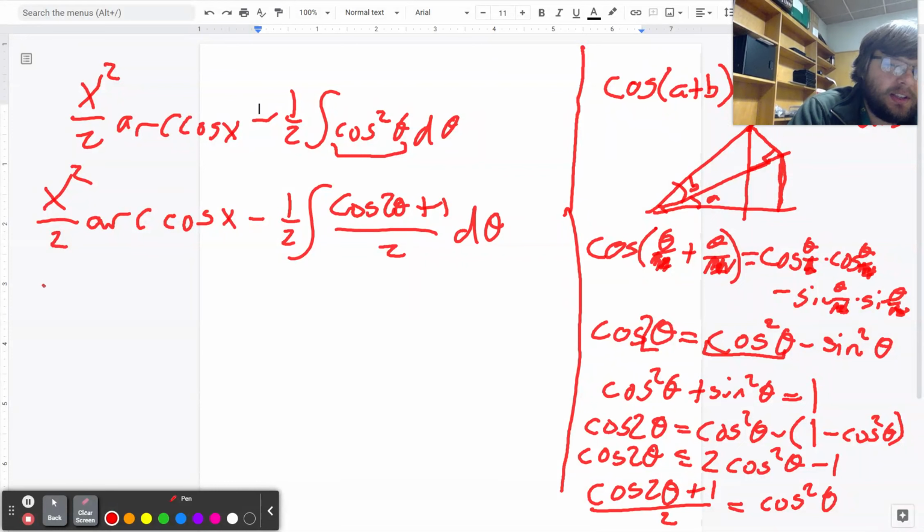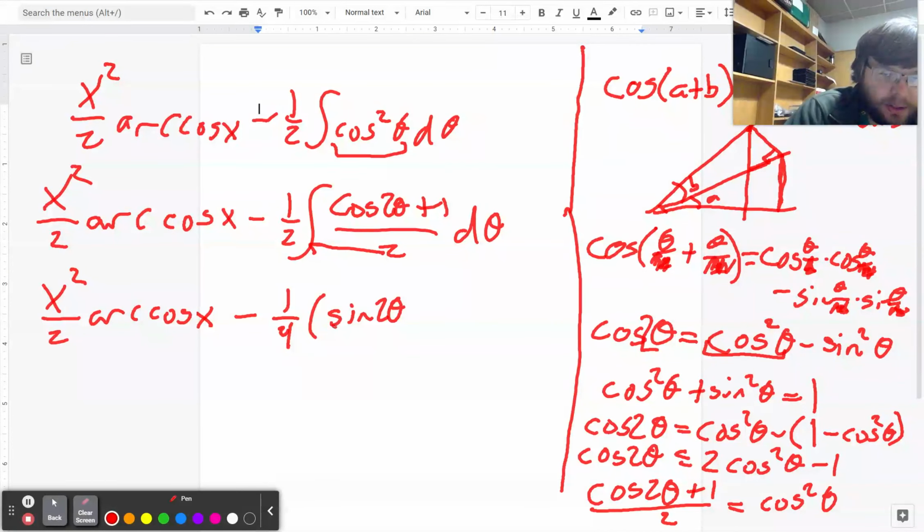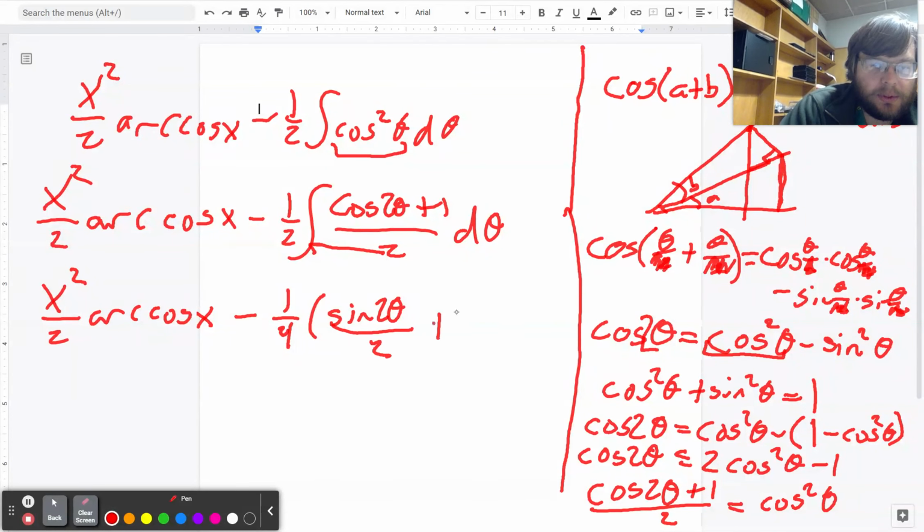So now I can take the integral of all that. So I'll make this 2 go combine with that to make a fourth. The antiderivative of cosine is sine. Because it's a 2 theta, I do the reverse chain rule, divided by 2. The antiderivative of 1 is just theta.